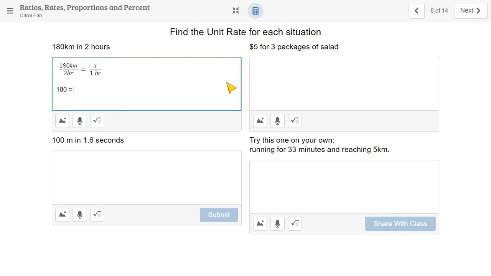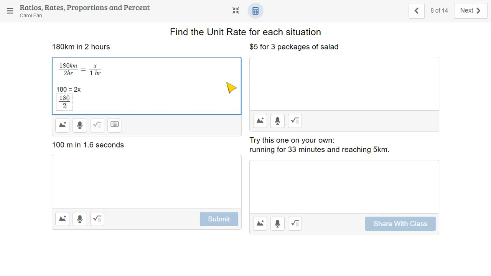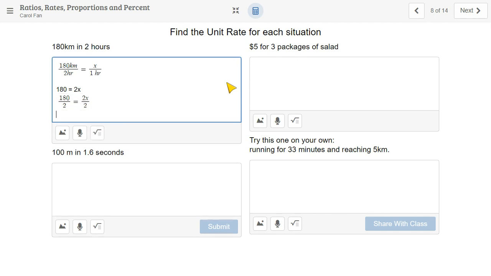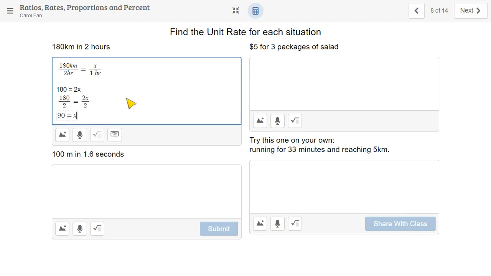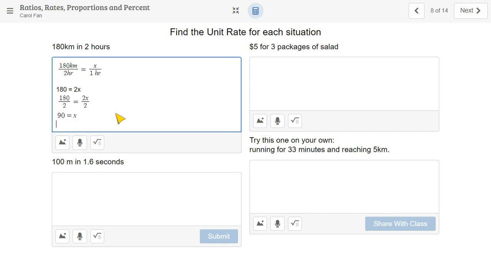So we have 180 is equal to 2x. Let's divide both sides by 2 now. These divide out. 180 divided by 2 is equal to 90. X is equal to 90. The x is representing kilometers. So we know the unit rate is 90 kilometers per hour.